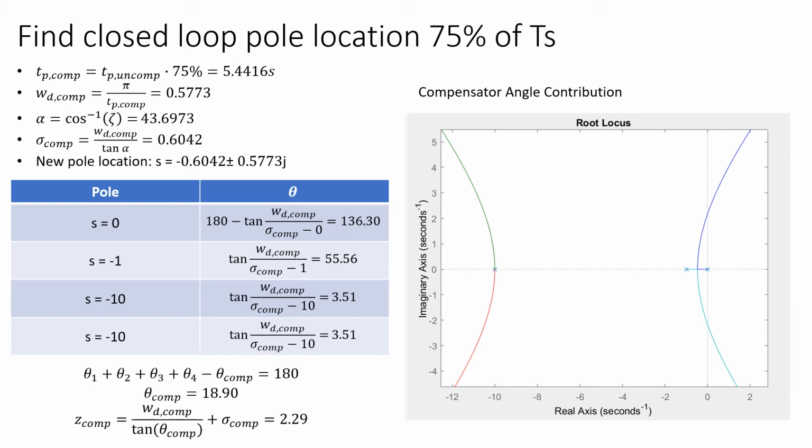Now we're going to use the compensator angle contribution to solve for where our 0 will be located. We want our pole at about -0.6 like we just found, so that's going to be about here. We're going to use this compensator angle contribution to find our angles.